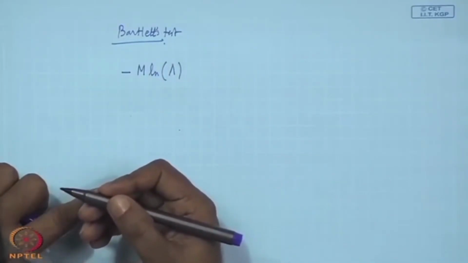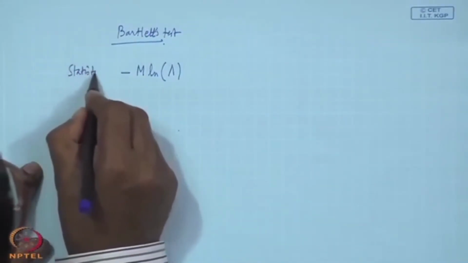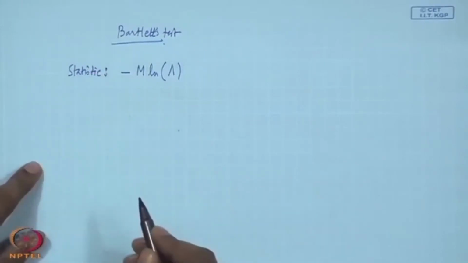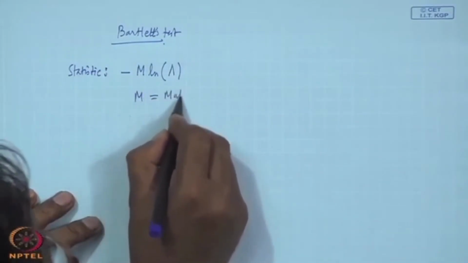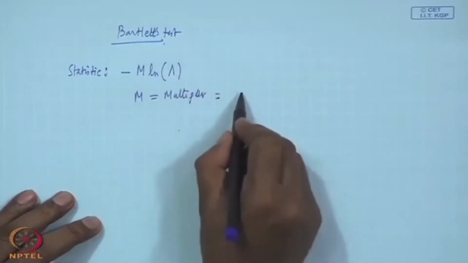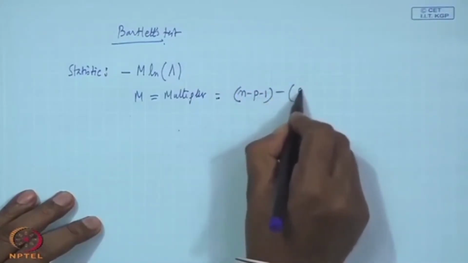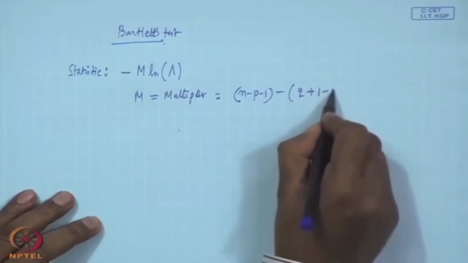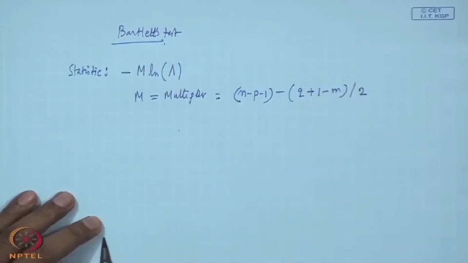This is one statistic created, where m is a multiplier. This value is n minus p minus 1 minus (q minus m plus 1) divided by 2.